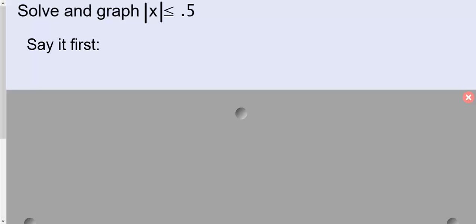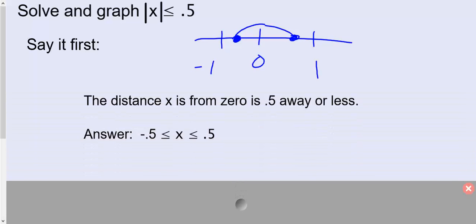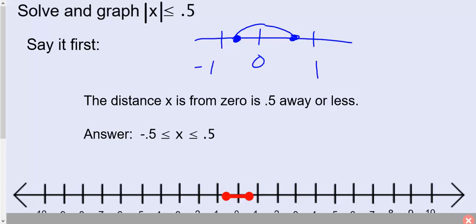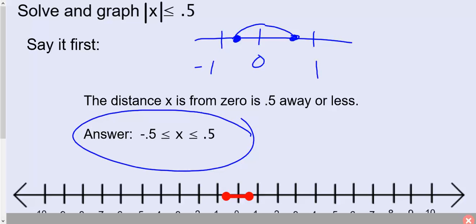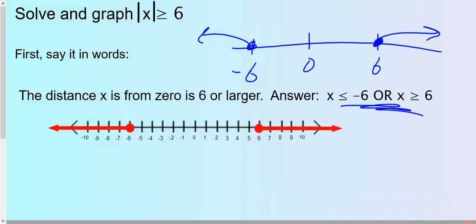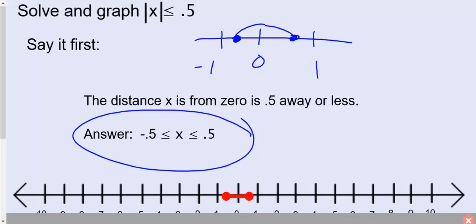Smaller than 0.5. Okay, so the distance from 0 has to be smaller than 1/2. So that would be smaller than or equal to, that would be right there and right there. So these numbers here, and then these numbers here. Now because it's an intersection, you can write it as one compound inequality versus the two separate ones with the word or. So here we have to use or, here we can just write it as one statement.